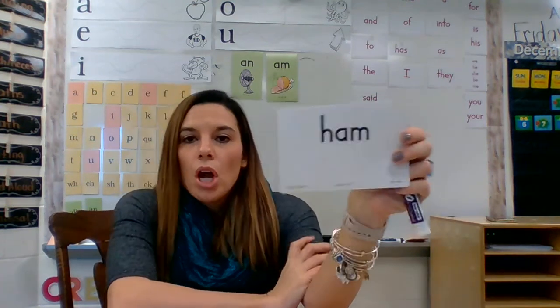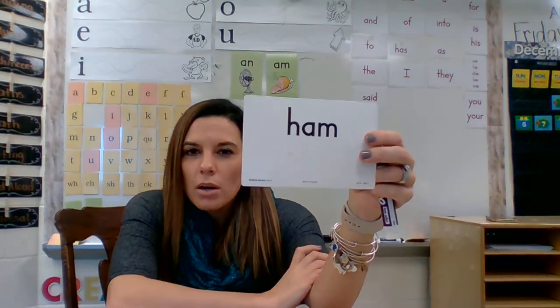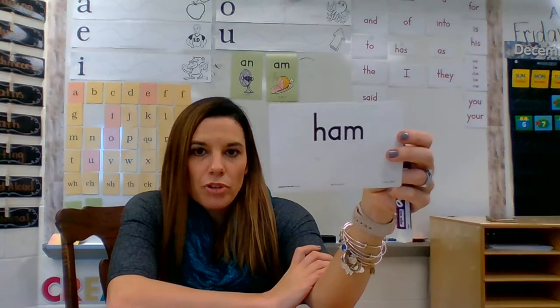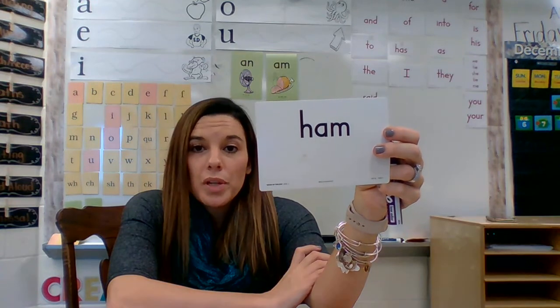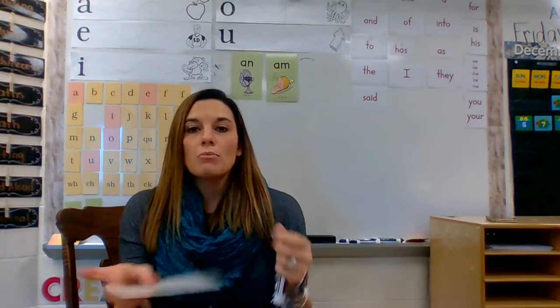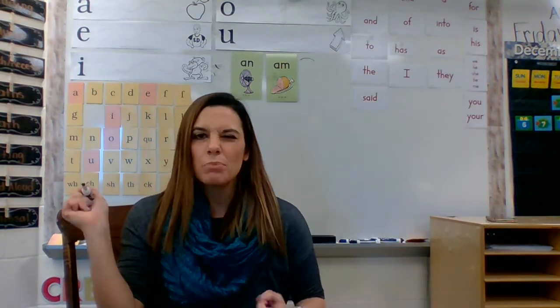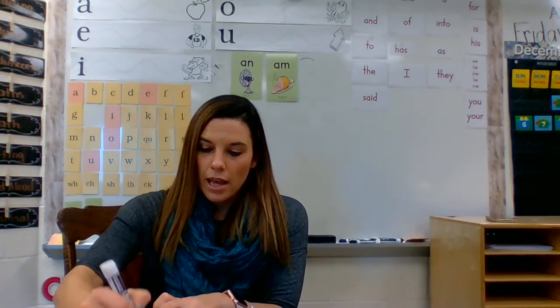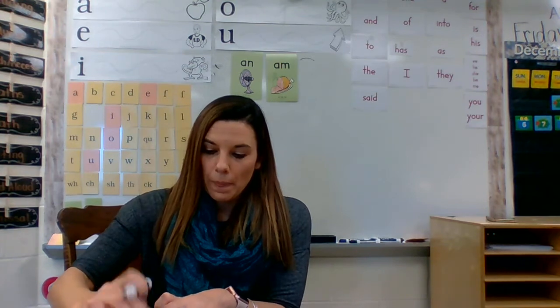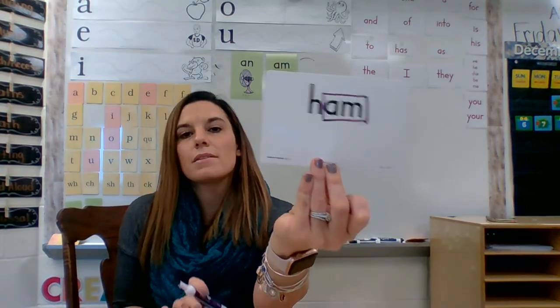Now remember, when we are marking up words that have glued sounds, we always put a box around the glued sound. So, I'm going to mark up this word, simple. Just going to put a box around the glued sound, A-M. Like this.